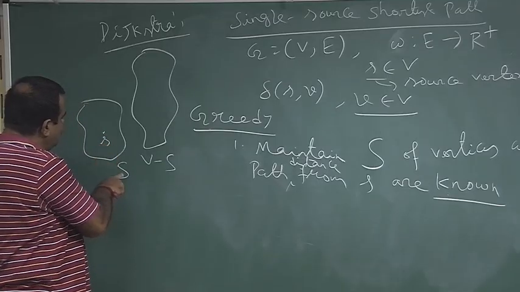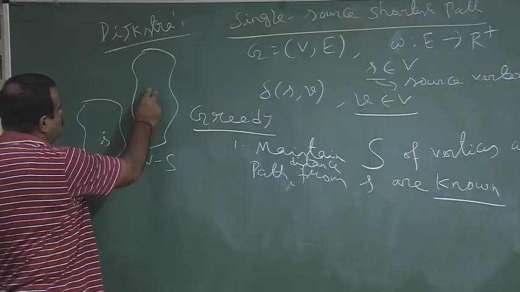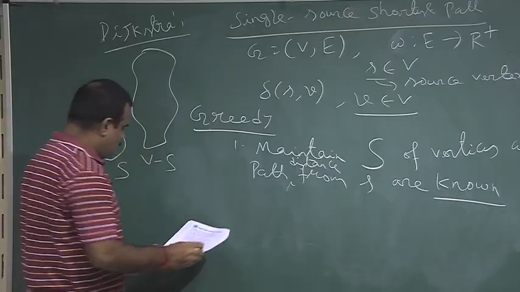So we start S with the source s and then slowly capture the nodes. That we will write.